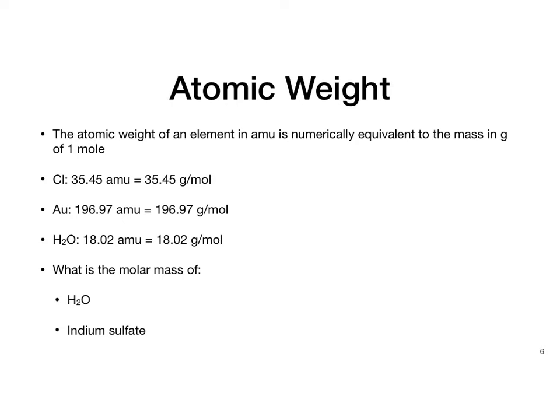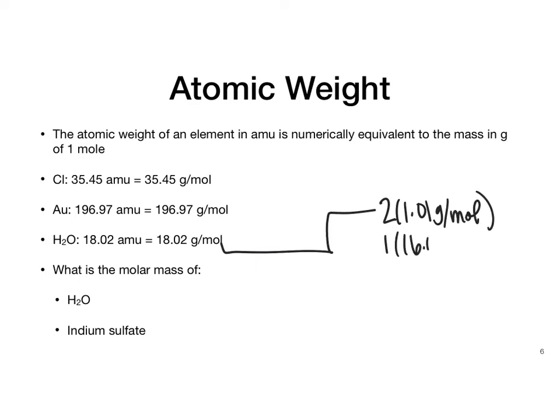So water, the molar mass, is 18.02. We got that by 2 times 1.01 grams per mole plus 1 times 16.00 grams per mole. And that totals up to 18.02 grams per mole.